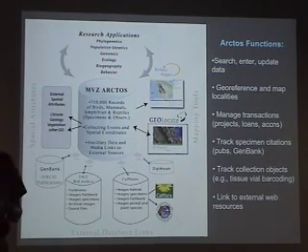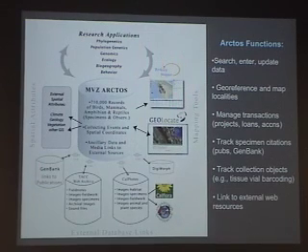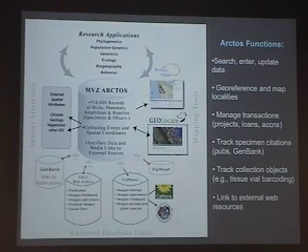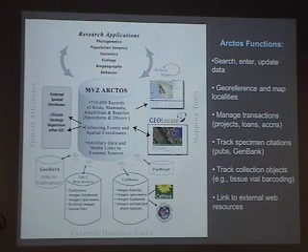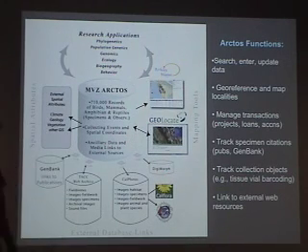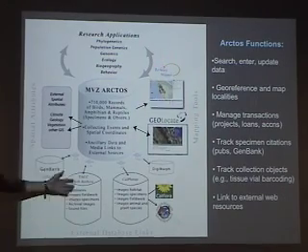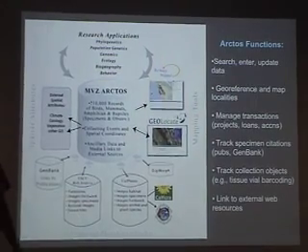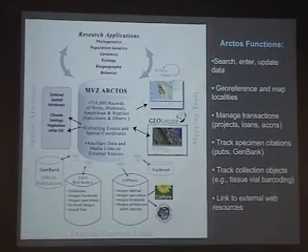Track collection objects, so like tissue. So we're spending a lot of time right now doing tissue barcoding all of our tissue vials and putting those into Arctos. And then there's a lot of linkages to external web resources. So all of our field notes, images, sound files are being archived at the Texas Advanced Computing Center and then directly linked to the specimens.